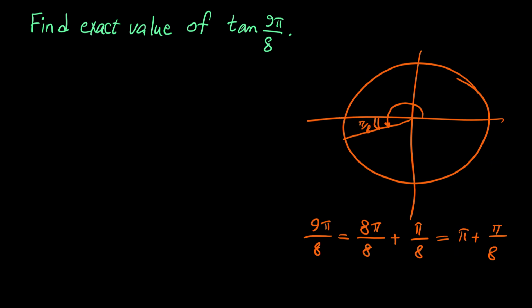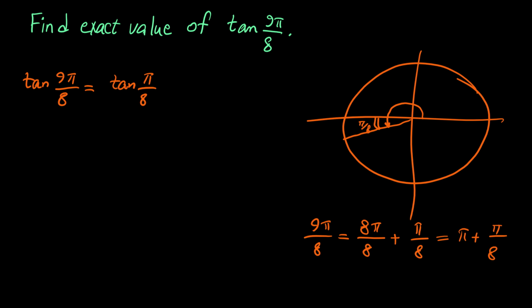So, instead of finding the tangent of 9 pi over 8, we can find tangent of pi over 8. And because in the third quadrant the tangent is positive, the tangent of 9 pi over 8 is equal to tangent of pi over 8.